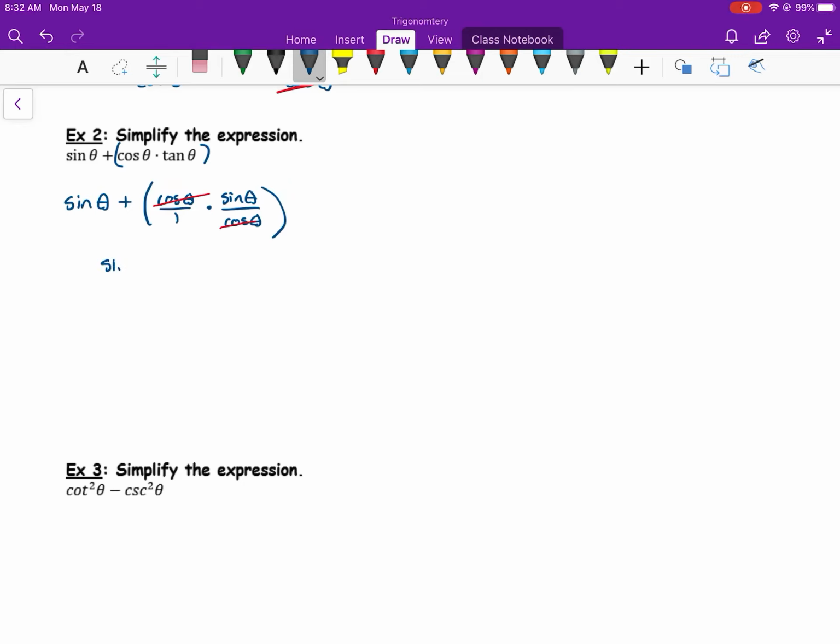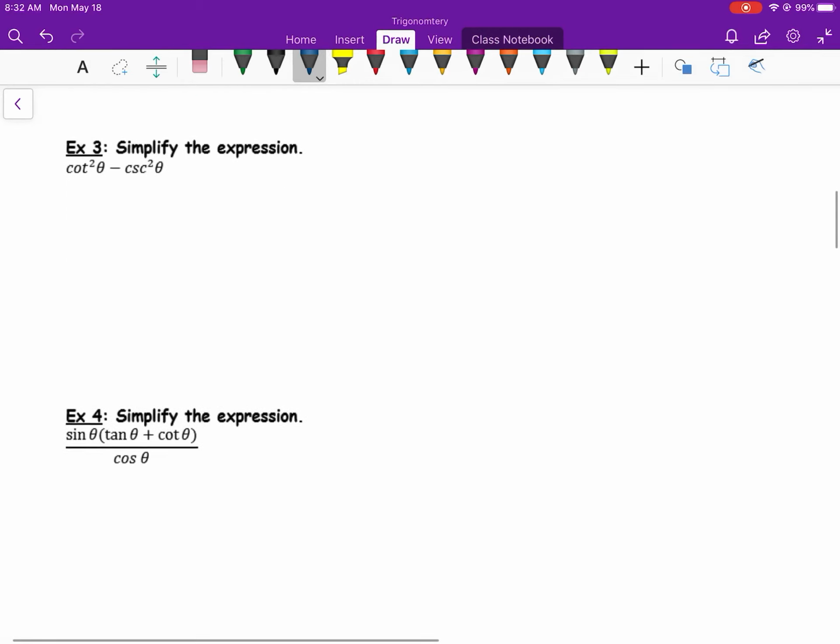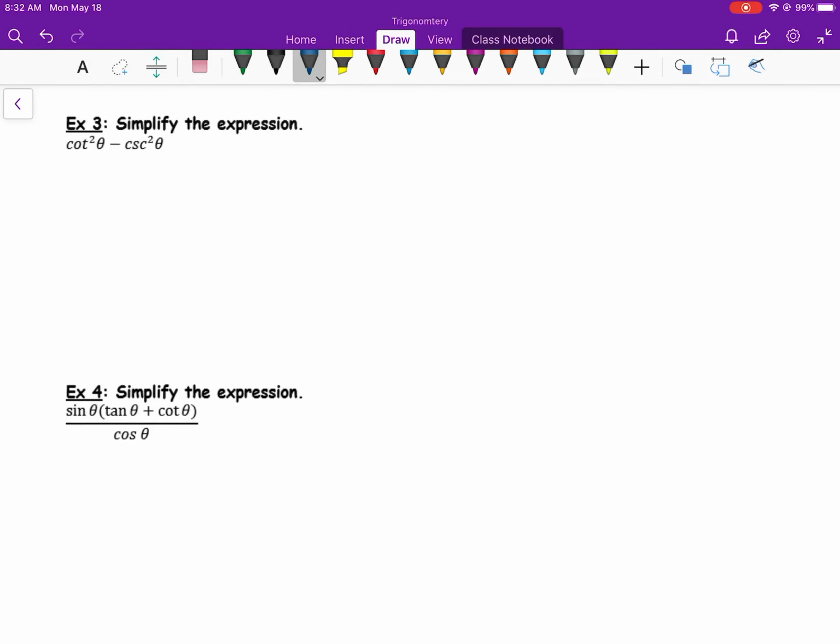Cosines go away, so then I'm left with sine of theta plus sine of theta. Combine them, it's like x plus x, would be 2x, so sine theta plus sine theta is 2 sine theta. And that's it. All right, obviously we're going to get harder as we go through.